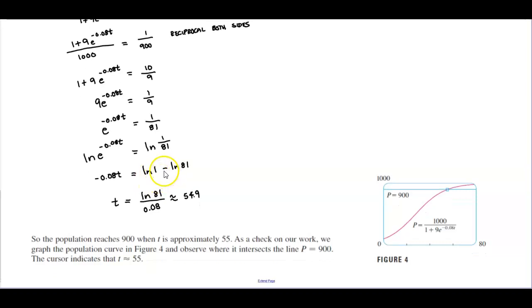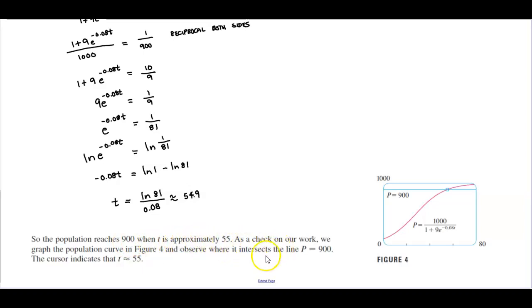So we have negative natural log of 81 divided by negative 0.08, which gives us a positive. So t is going to equal the natural log of 81 divided by 0.08, which is approximately 54.9. So what it's saying here is that the population reaches 900 when t is approximately 55.